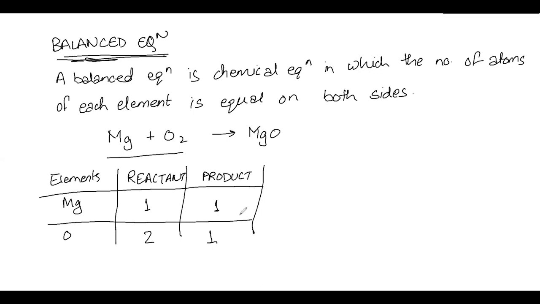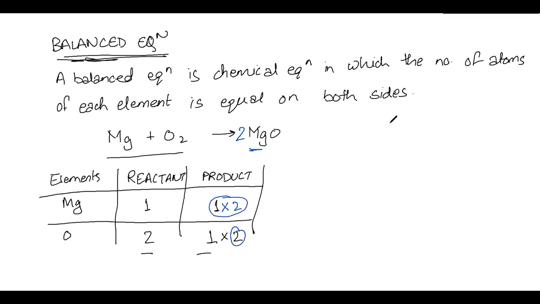So to balance the number of O here, we have to multiply this by 2. As we multiply it by 2, this 2 comes over here. So now as this 2 comes over here, this is also multiplied by 2. Therefore, this becomes 2 atoms of Mg on the product side.